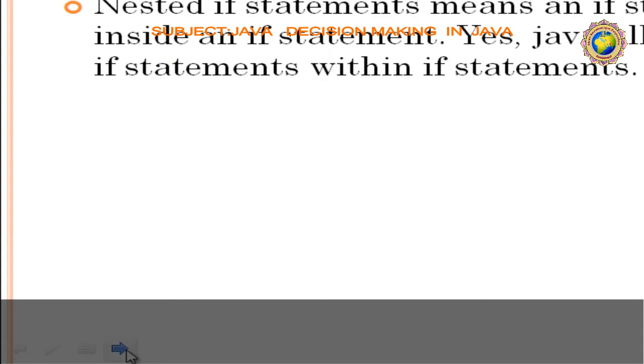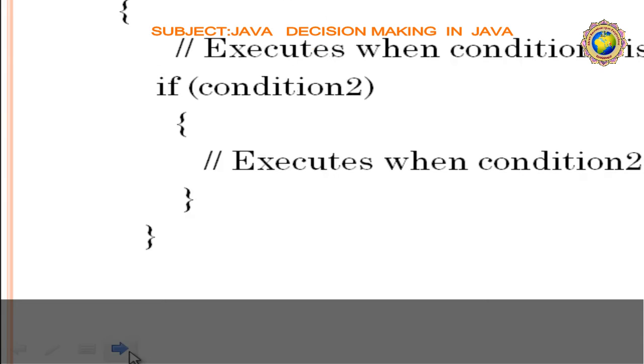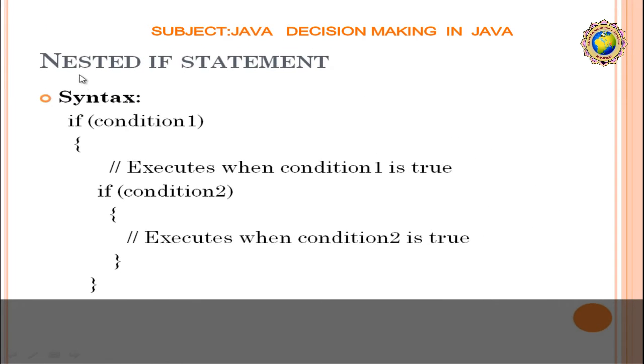Next, the nested if statement. A nested if statement is an if statement that is the target of another if or else. That means we can say it is an if statement inside an if statement. Yes, Java allows us to nest an if statement within an if statement. So this is the syntax of the nested if statement.